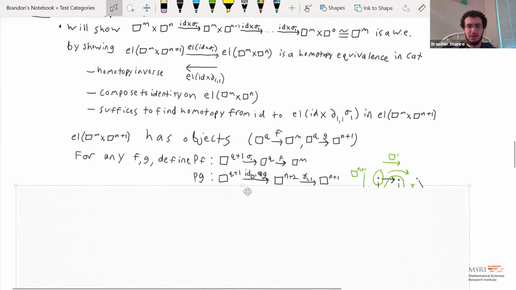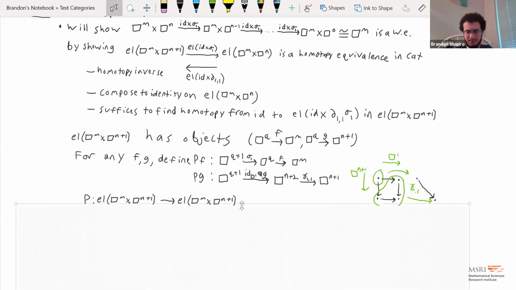And then G is going to get a little bit more complicated. This is where we're using the connection. What we're going to do with G is, again, we're going from the q plus 1 cube, but instead of precomposing with a degeneracy like we did for F, we're going to tensor our original map G with the identity.